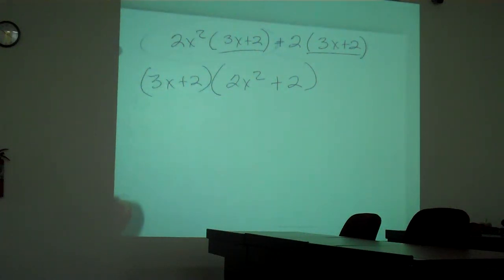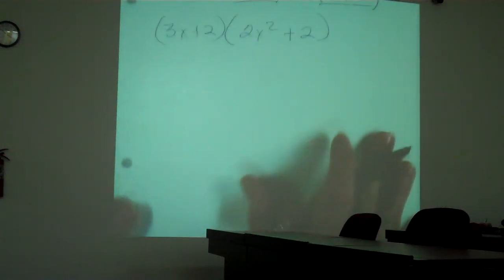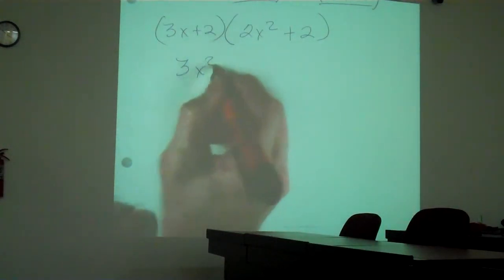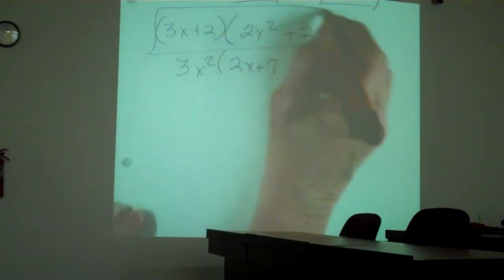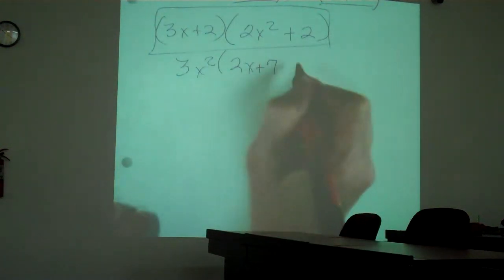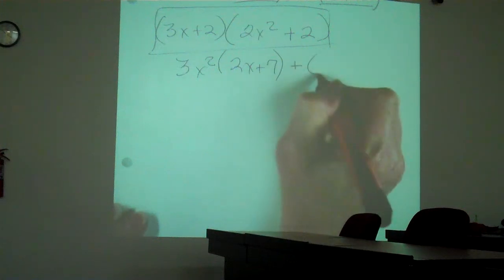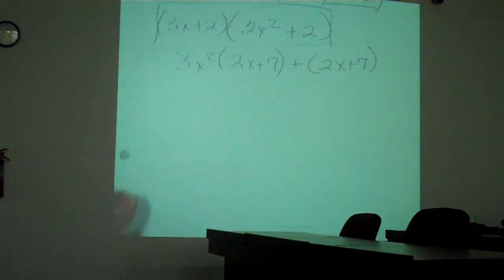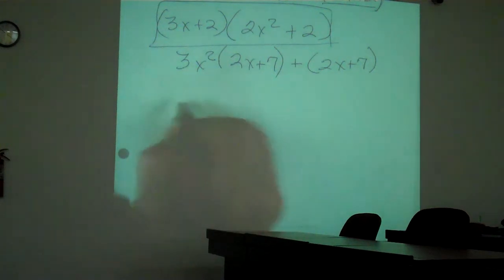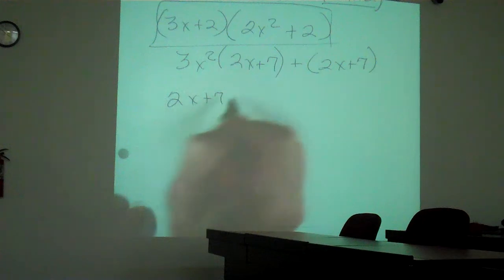Okay, let's do another one of those. 3x squared times 2x plus 7 plus 2x plus 7. Okay, what do they have in common? 2x plus 7.